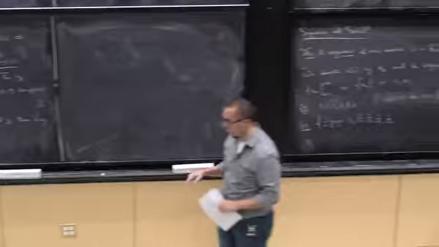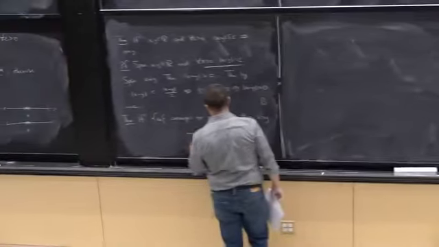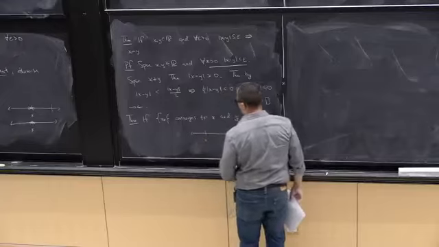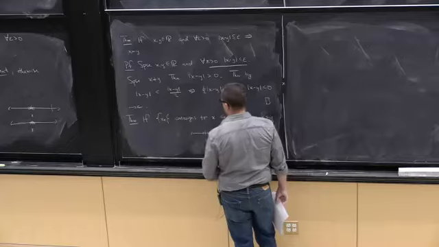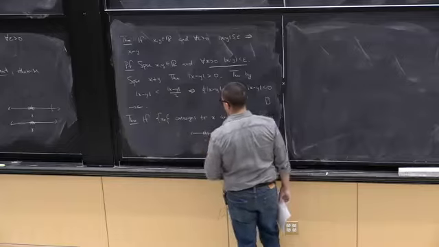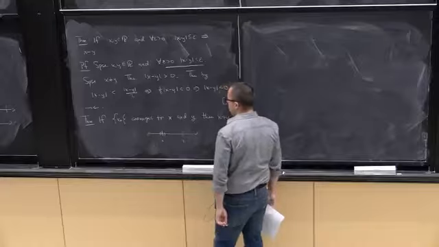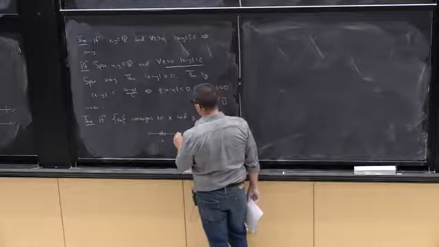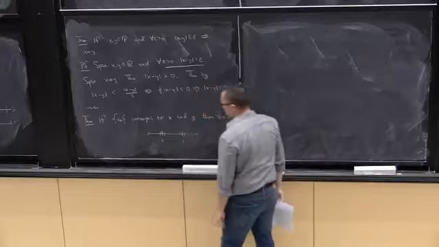Okay? And again, this should be clear because if I have two things that are not equal and x sub n converges to x, that means as long as I go far enough out in the sequence, the terms are supposed to be in this small interval around x, while if they're supposed to be converging to y, if I go far enough out, they're also supposed to be over here.